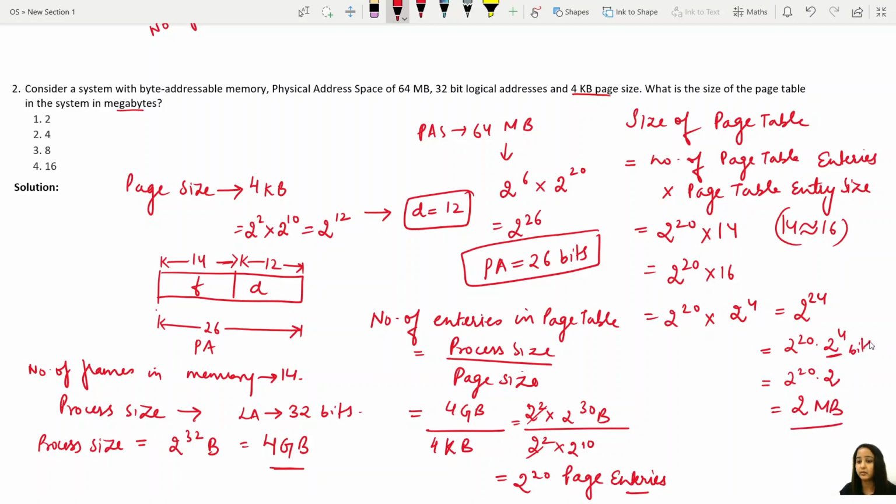So this is in bits, this is in bytes. So the answer will be 2 megabytes, which is the correct option. I hope this is clear to you.